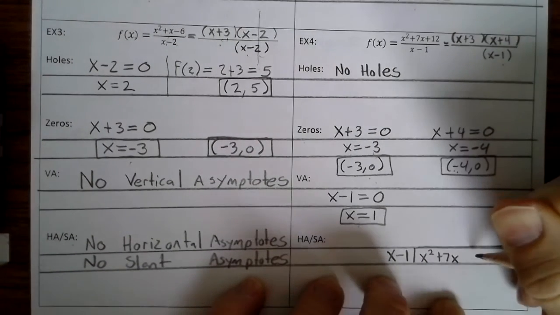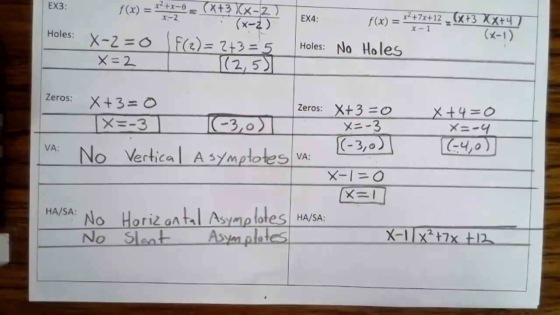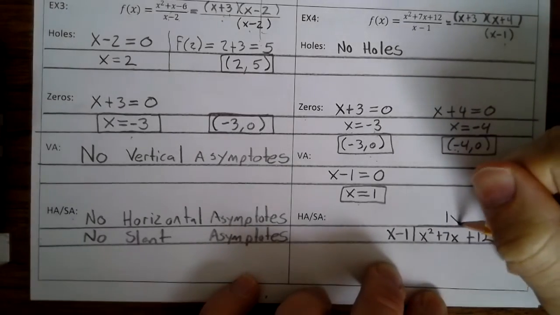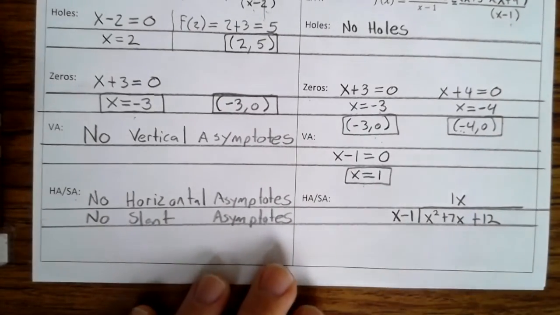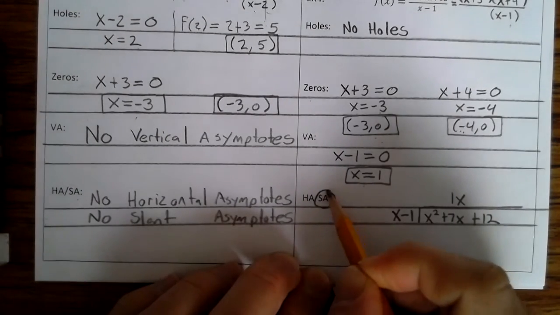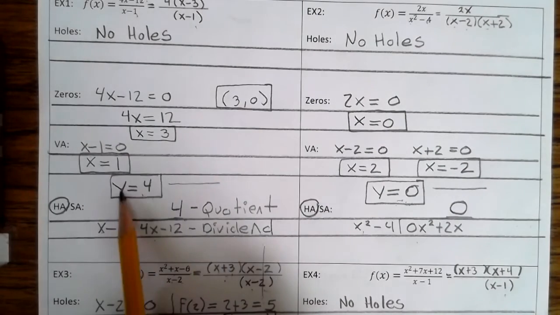The answer to that is 1x. Now, the moment you get an x here, you automatically know it's a slant asymptote. Okay? That's why I misspoke when I said that these were slant asymptotes, because there's no x. If there's no x here, then it's a horizontal asymptote. Okay? But here, when you get x in the quotient, then it's automatically a slant asymptote.